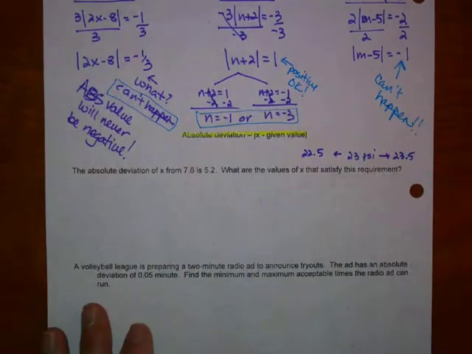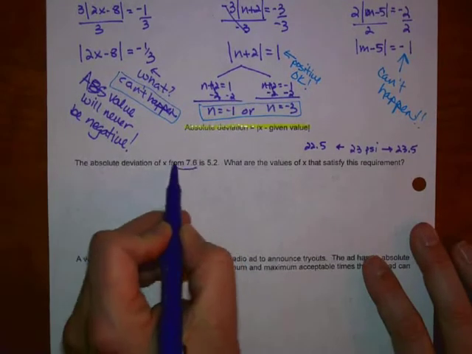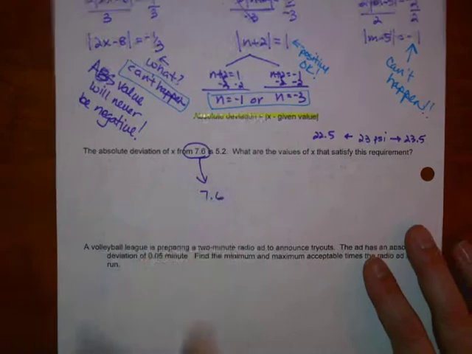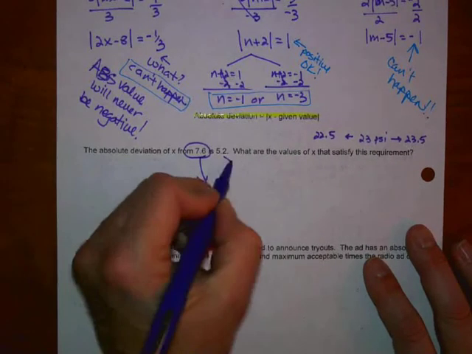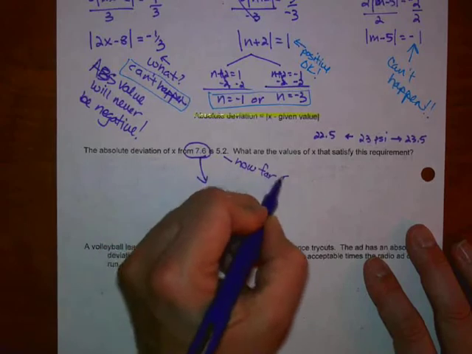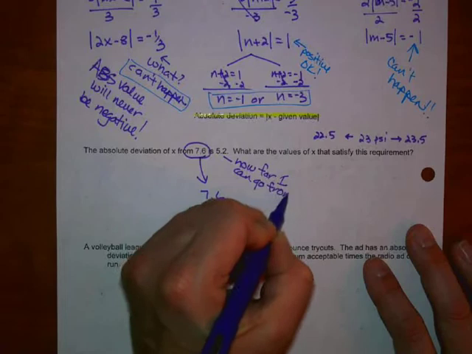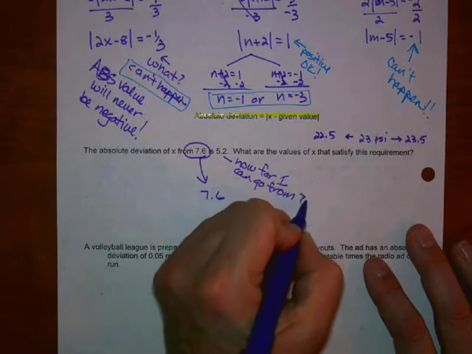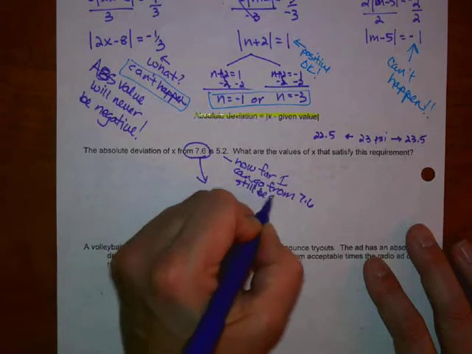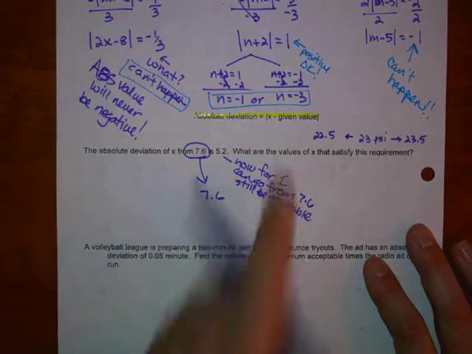It says here, the absolute deviation of x from 7.6. That means this is our allowed number, 7.6, is 5.2. That's how far away I can go from 7.6 and still be acceptable. So don't even worry about that equation.